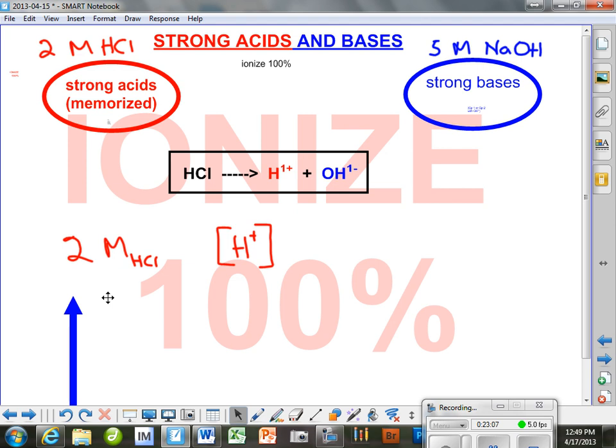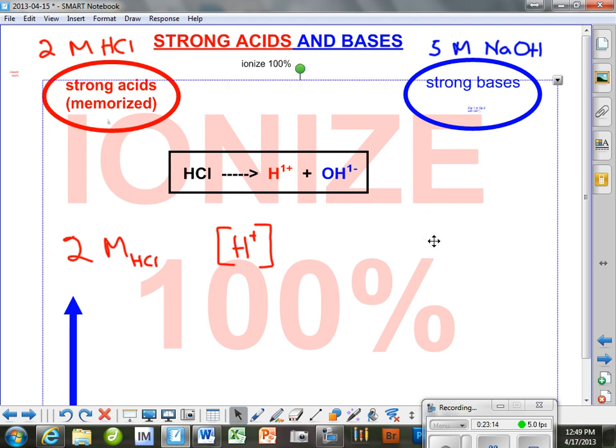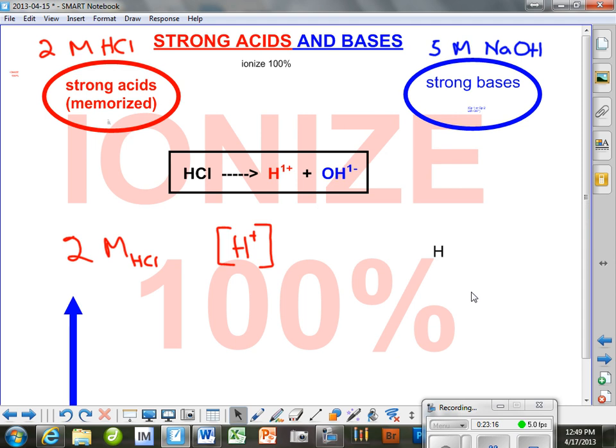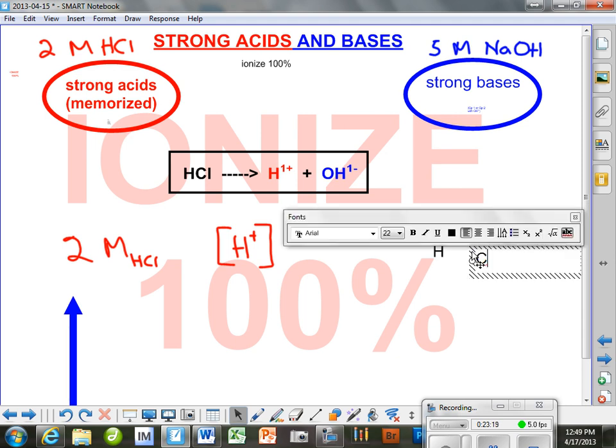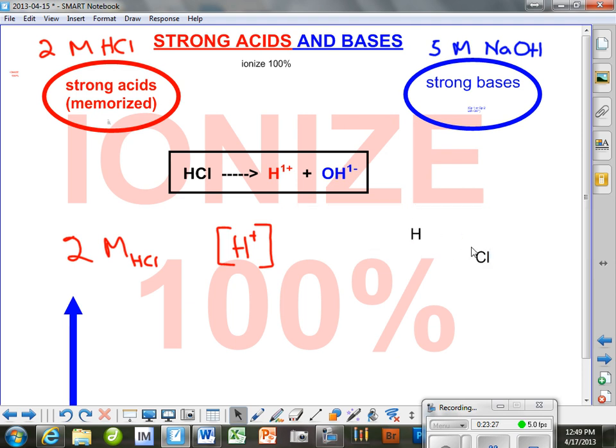So we have a hydrogen and a chlorine. That's hydrogen chloride, which is the gas. Now, as soon as I have this guy in water, they are together no more.